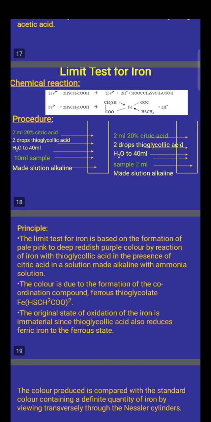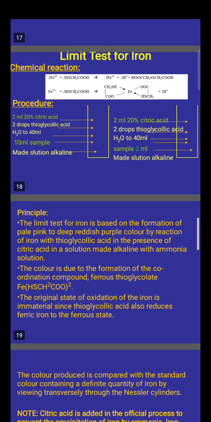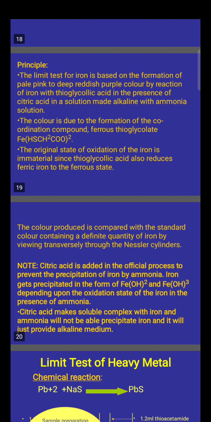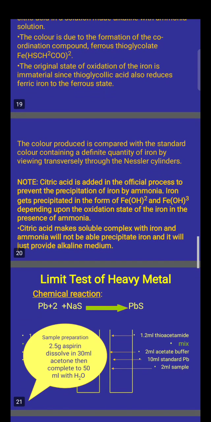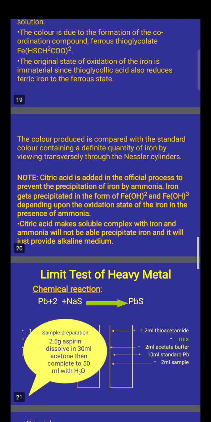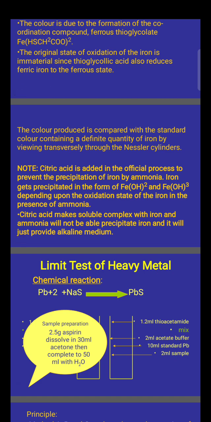Okay, so already you know the role of citric acid, the role of thioglycolic acid, the role of ammonia solution required in this. So what will be the conclusion of this limit test? See, the color produced is compared with the standard color containing a definite quantity of iron by viewing transversely against a white background, because in prior cases we used a black background because it was colorless, but in the limit test of iron it is a colored solution.